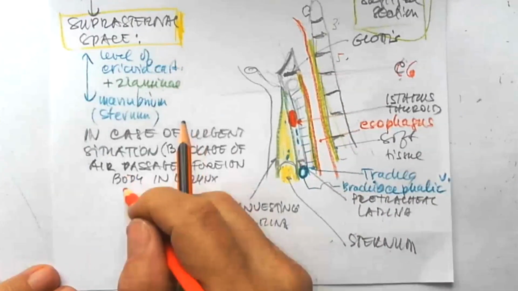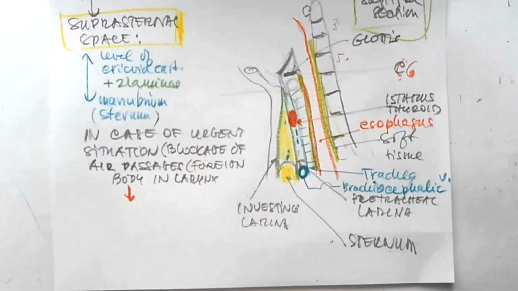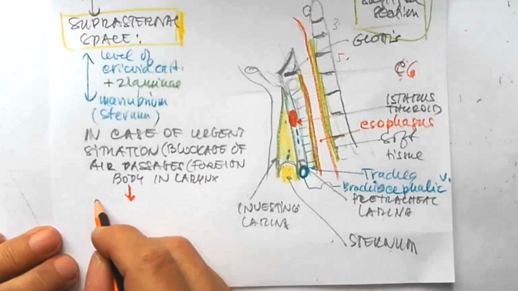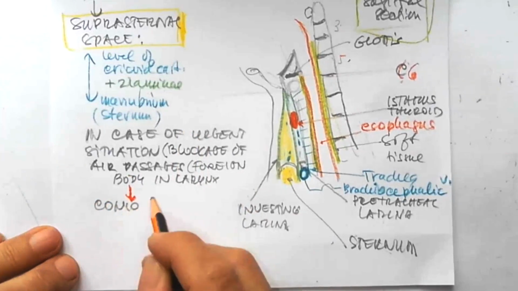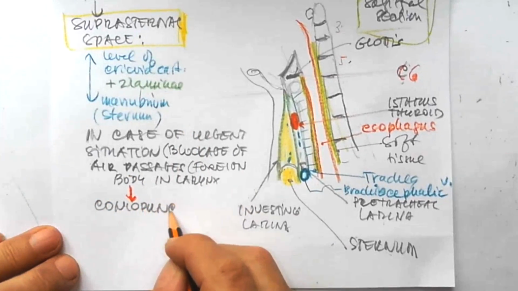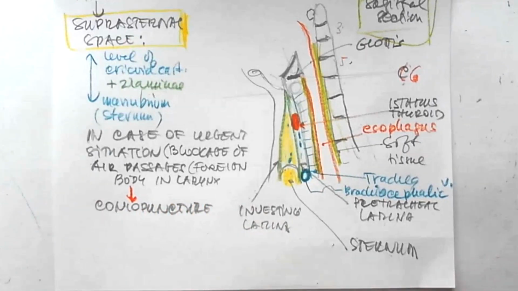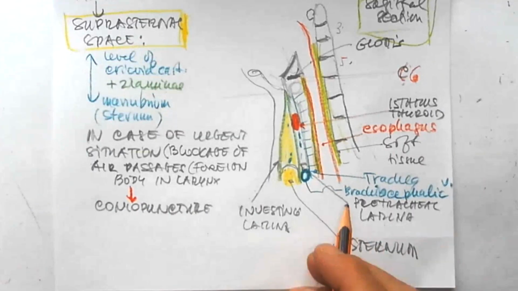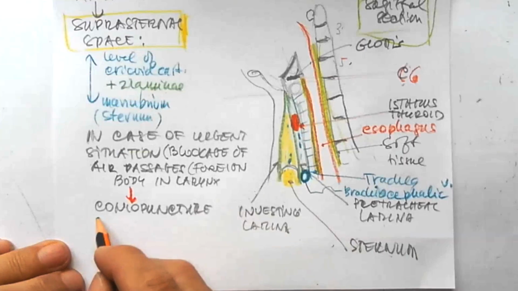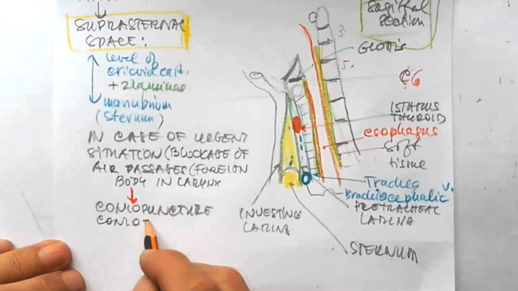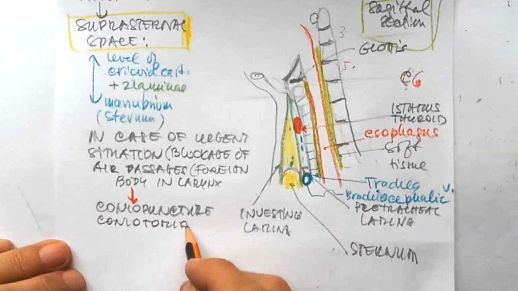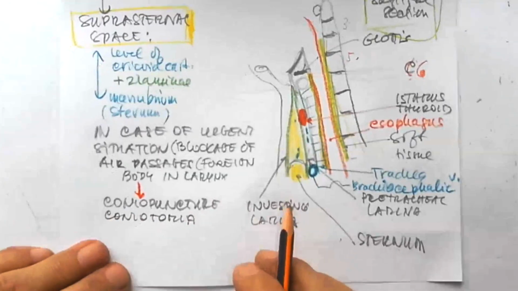What to do? First of all, must be done coniopuncture using wider needles for intramuscular injection, even thicker, coniopuncture or coniotomia. That means using something like a knife.